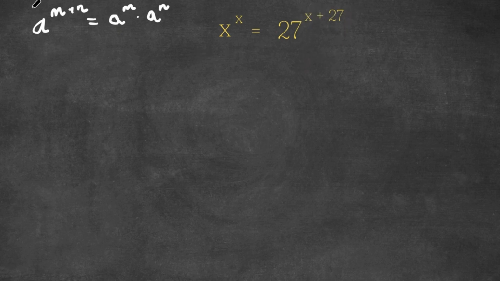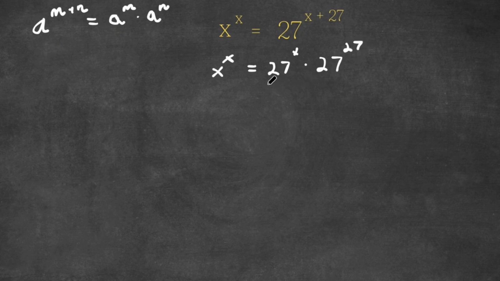So we can think of x as m and 27 as n. So now we have x to the power of x is equal to 27 to the power of x times 27 to the power of 27.